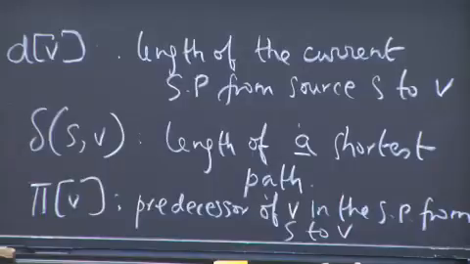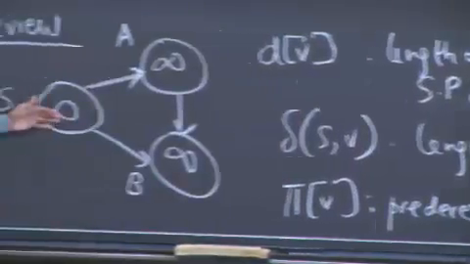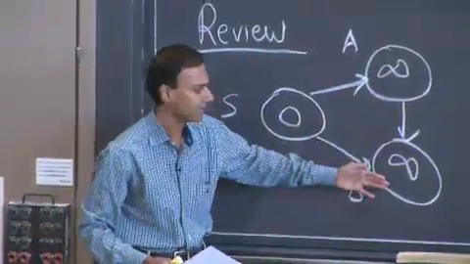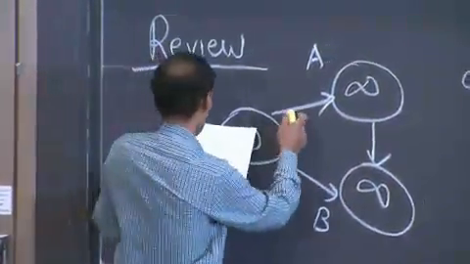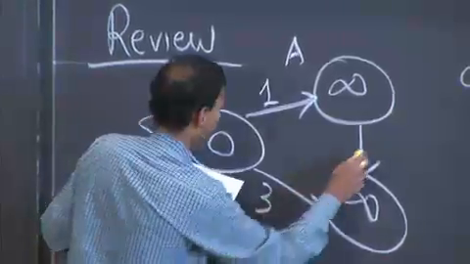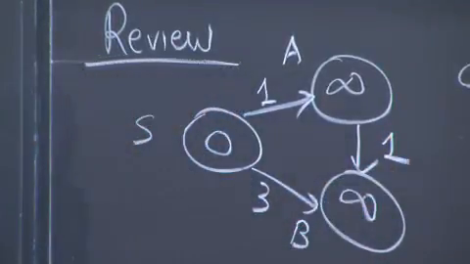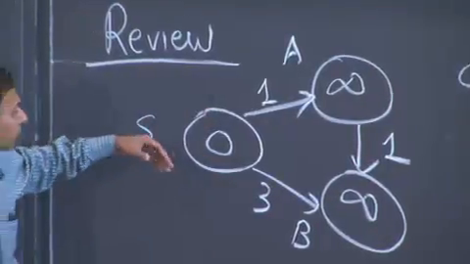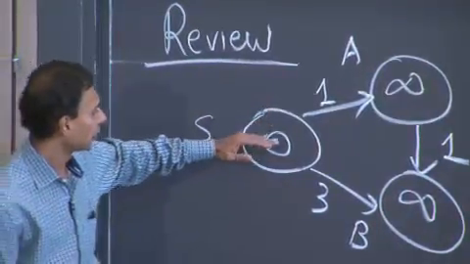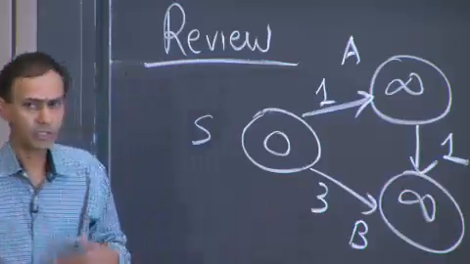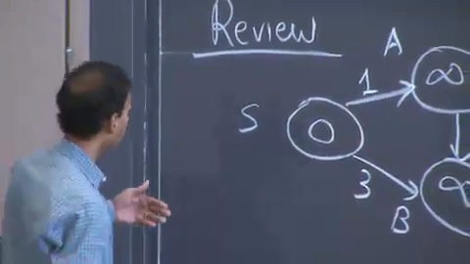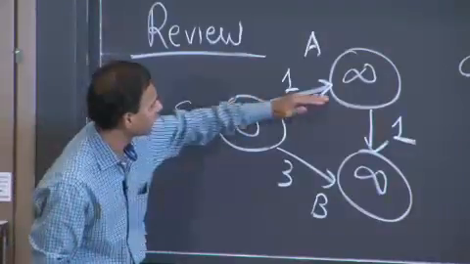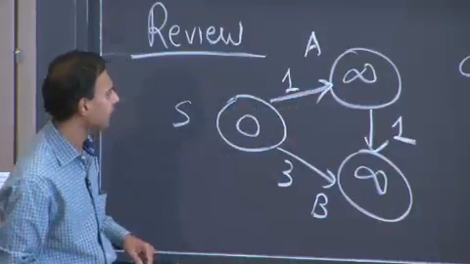So in this trivial example, you start with d of S being 0, and d of A and d of B being infinity. Let's put down a few weights here. What you do is relax the edges that go out of S. This notion of relaxation, which I'll write out formally in a minute and which we looked at last time, is a process of following this edge and updating the d of A value.